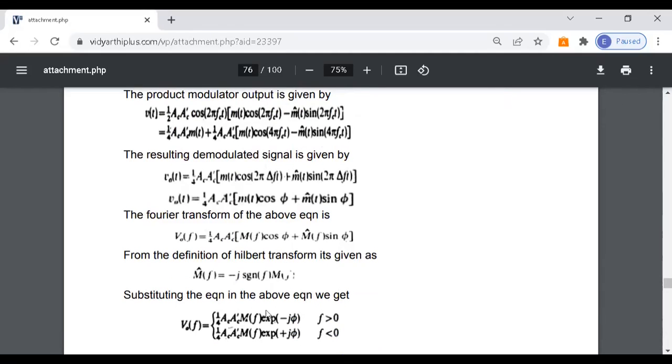So this is what you get at your output. So I see there is some trigonometry in the equation, sir.